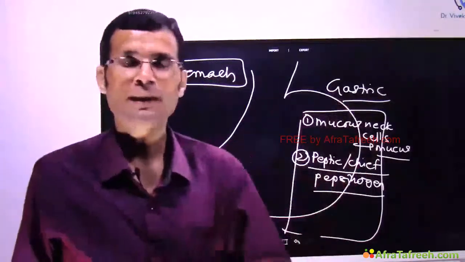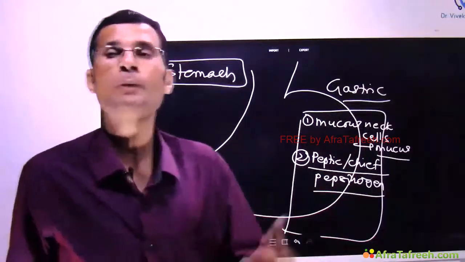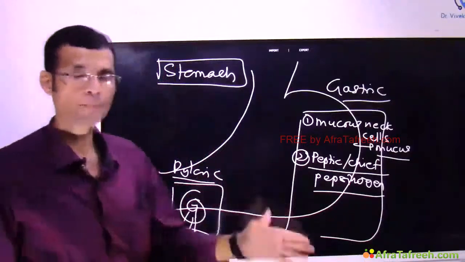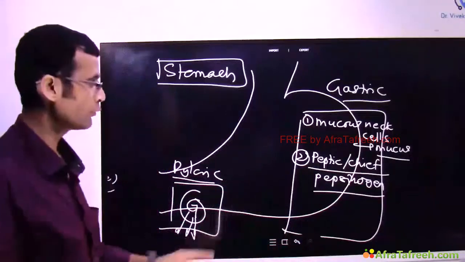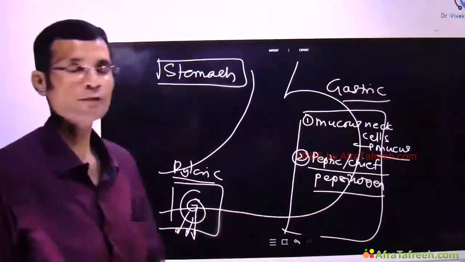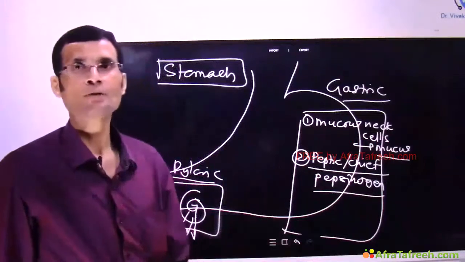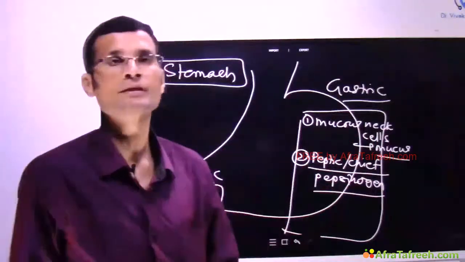Which of the following enzymes is not synthesized in the inactive precursor form? The options were pepsin, chymotrypsin, carboxypeptidase and phospholipase. The answer is phospholipase. All the others are synthesized in inactive precursor forms. As you can see, pepsinogen is synthesized first and then pepsin is formed.